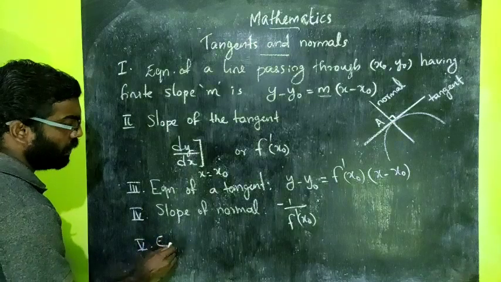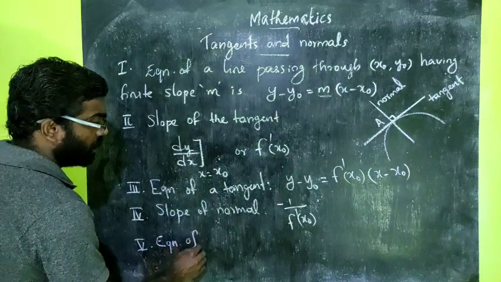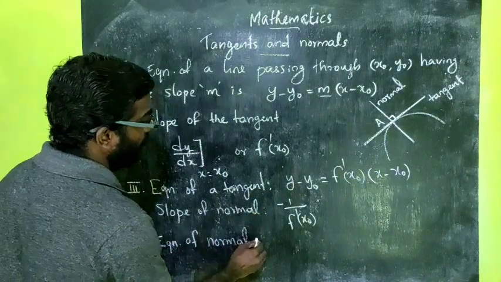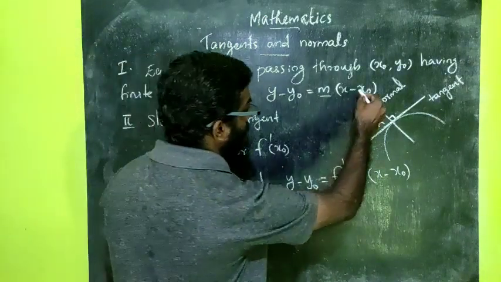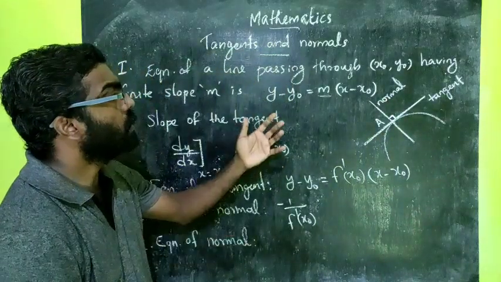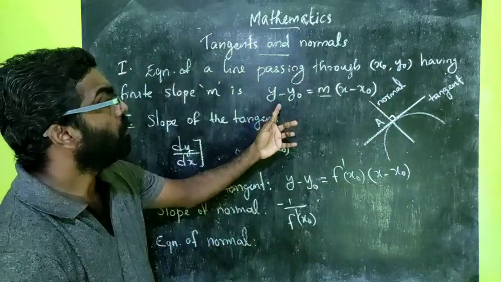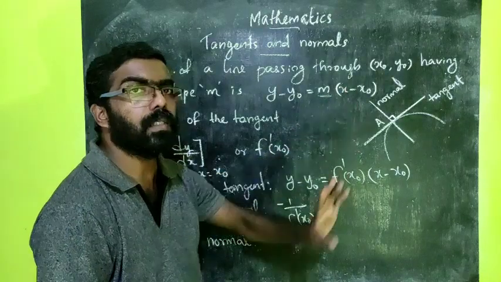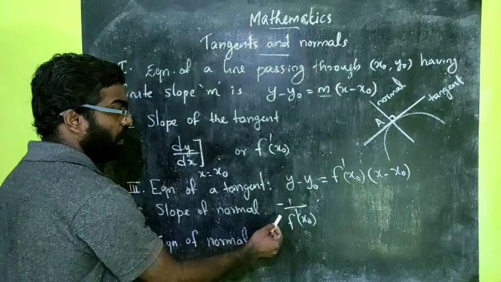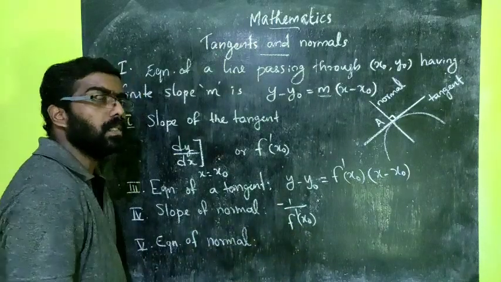equation of normal. Here also the same thing. The normal is again a straight line. So here also we can use the root formula, y minus y0 equal to m into x minus x0, and instead of m we can put the slope of normal, minus 1 by f dash of x0.